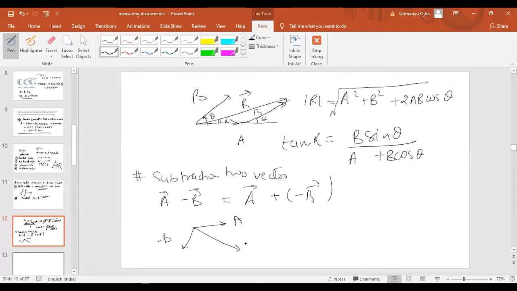Resultant of these will be somewhere here, r, and the magnitude of r will be square root of a square plus b square minus 2ab cos theta. So when we are subtracting two vectors, it is a square plus b square minus 2ab cos theta.